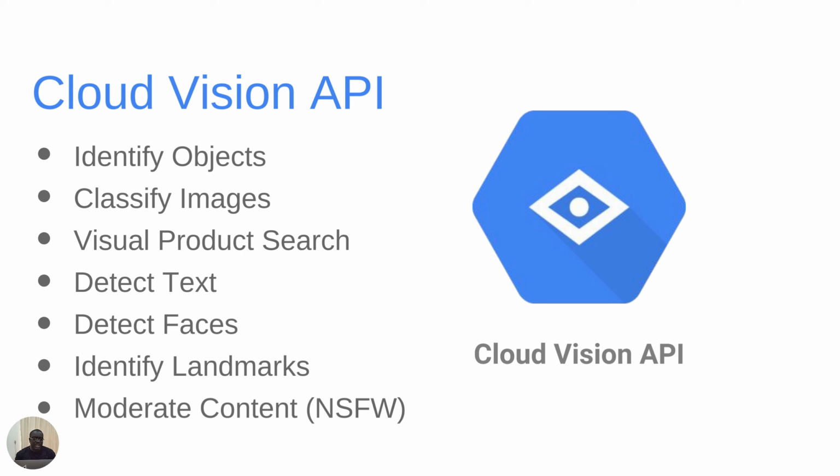And the Cloud Vision API, as the name implies, lets you work with images, and it will let you do a bunch of things, identify what objects are in those images, classify those images. So it will tell you, is this a cat? Is this a dog? Is there a cloud in there? Is there a car in there? And you're able to use this API to do things like visual product search.